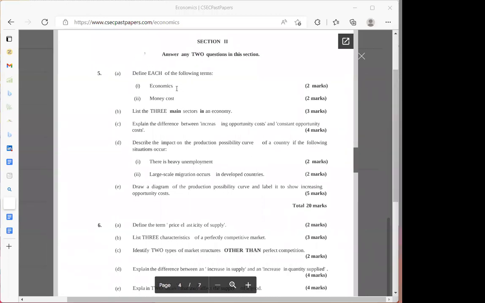Define each of the following: economics and money cost. What is economics?